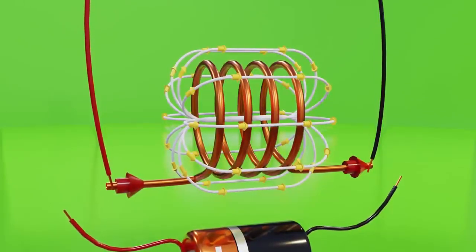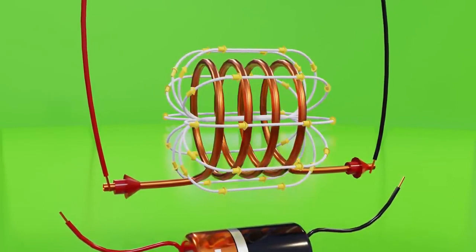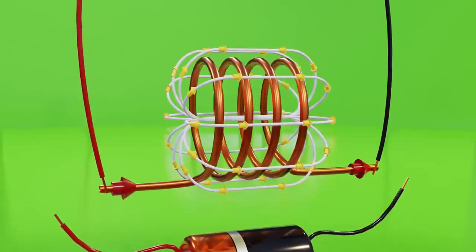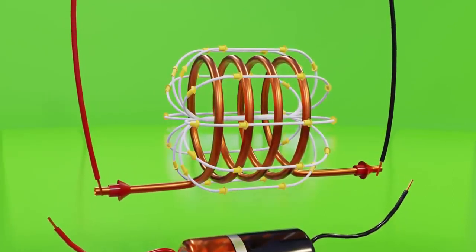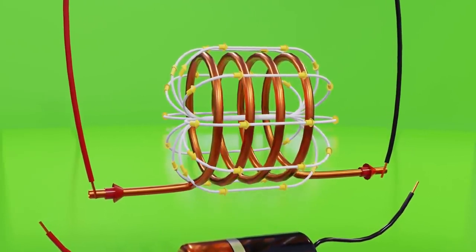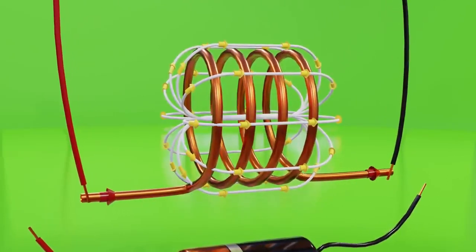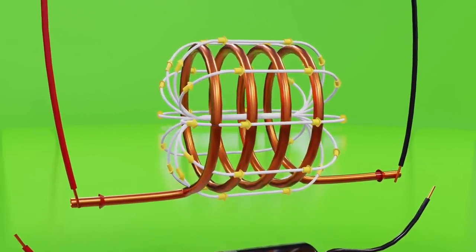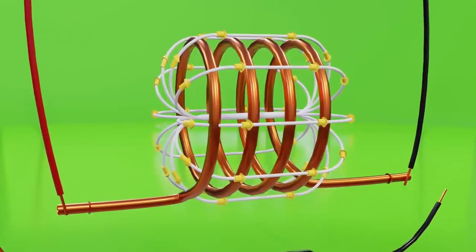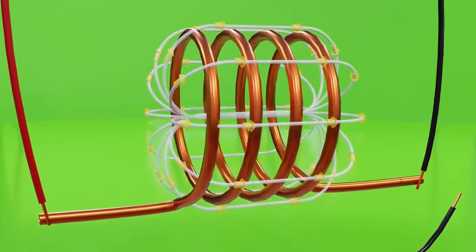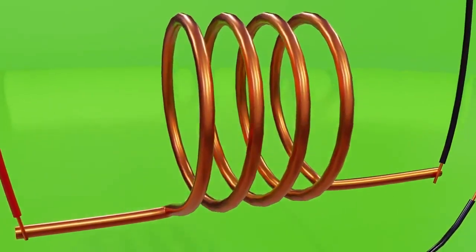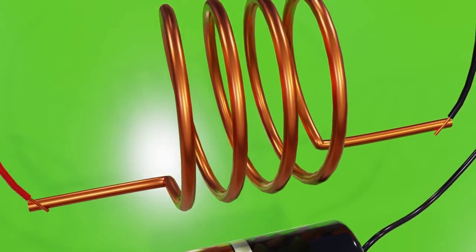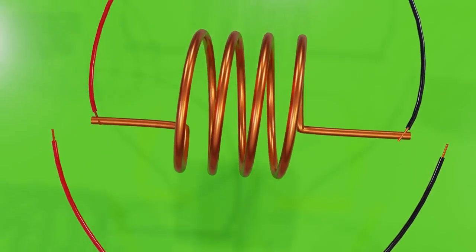The result of all this is that in spite of having cut the initial current, which was fed by a battery or something of the sort, for a few brief moments we will have a current induced by the magnetic field that we had generated in the coil. And this is precisely why an inductor is said to be able to store energy in the form of a magnetic field. Now that we understand how a coil works, let's see what effects it generates in a simple circuit.